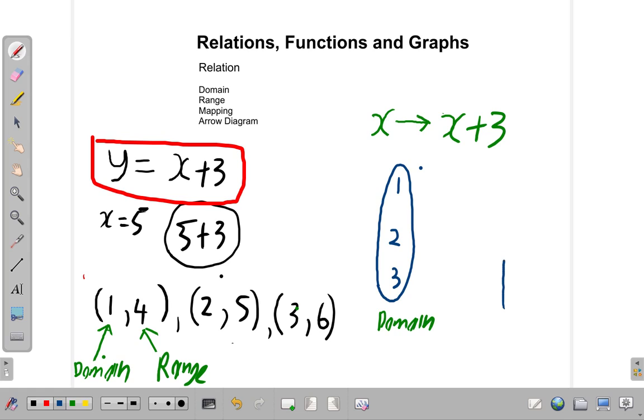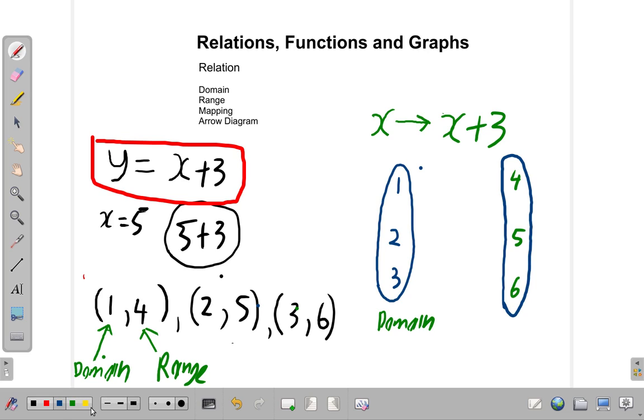Then over to the right, you have another oval, and what you have here, you have 4, 5, 6.